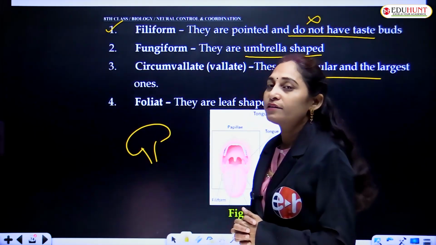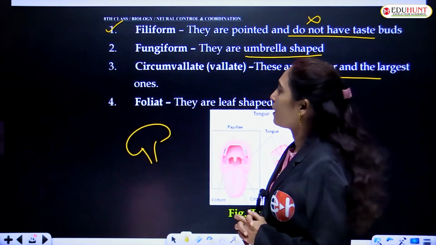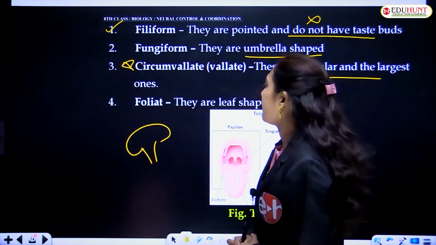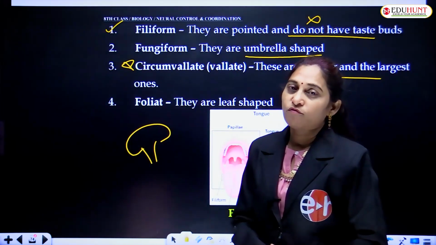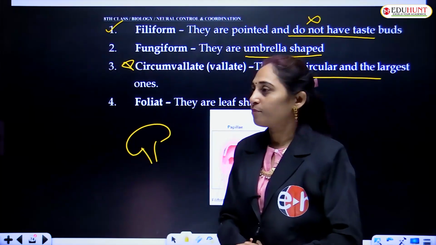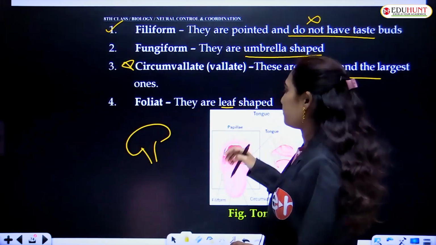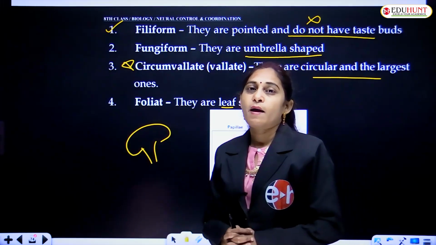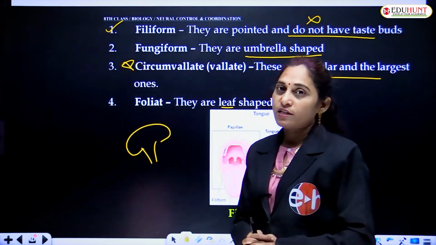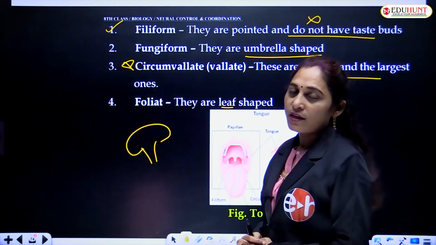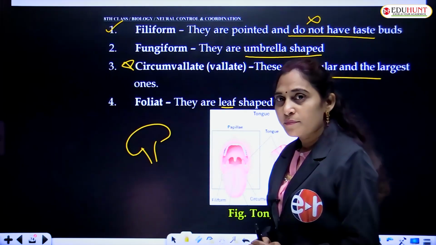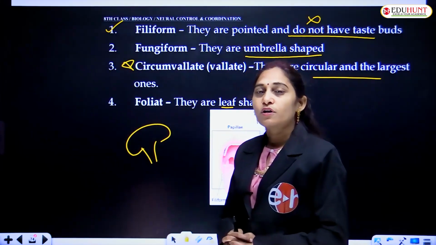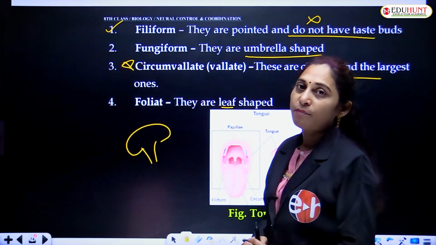This is also a notable point. And then foliate means leaf-like, leaf-shaped. These are the 4 different types of papillae: first filiform, next fungiform, third circumvallate, and fourth foliate.